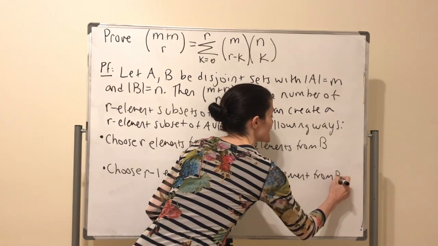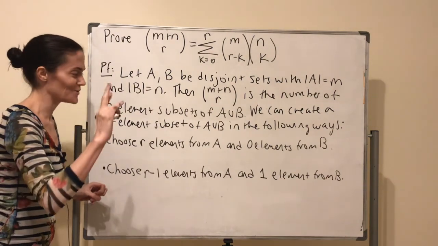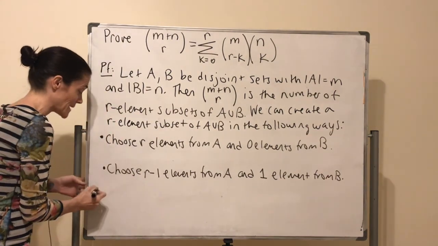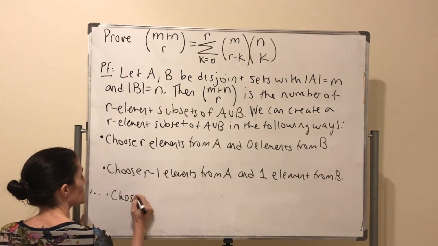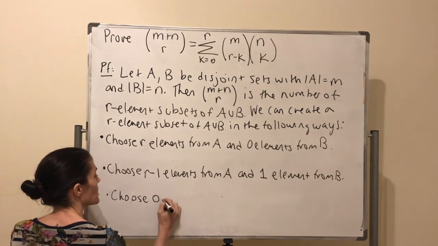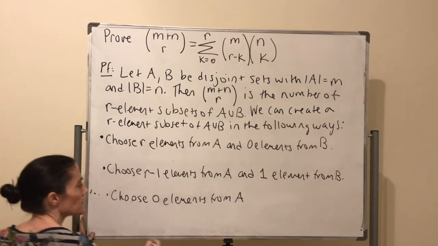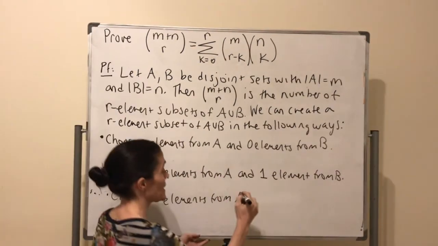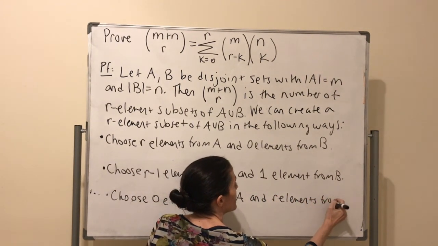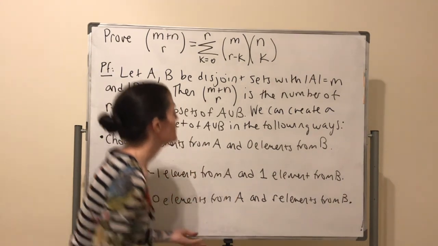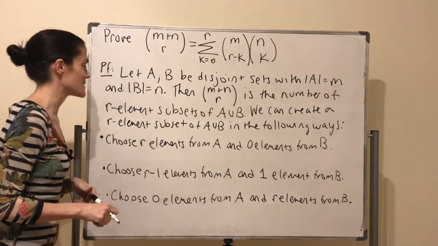The next one, which I won't write, we would choose R minus 2 elements from A and 2 elements from B. But let me just put some dots, and I will get to the last one. We would choose 0 elements from A and all R elements from B. And this would be all different ways we can create an R element subset of the union.